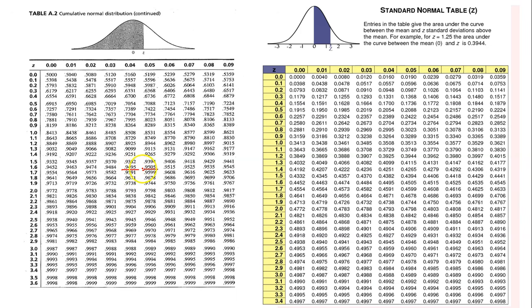Since 9500 is between them, we take their various z-scores and then find the average. What is the z-score of 9495? It is 1.64. And then the z-score of this should be 1.65. So take 1.64 plus 1.65 divided by 2. You get 1.645.